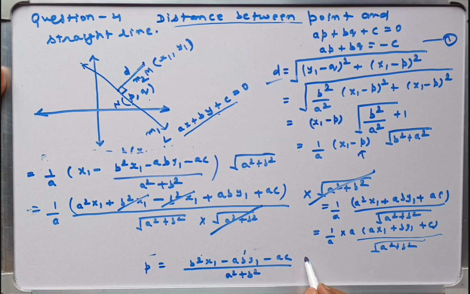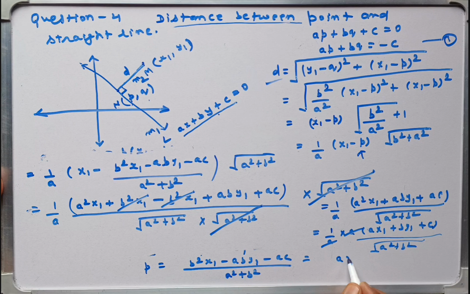So finally what you will get, a cancels out, and d equals (ax1 plus by1 plus c) over the square root of a square plus b square. Guys, as distance is always a positive number, we can write the mod.